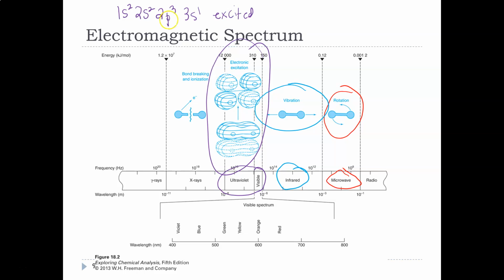But the fact that this should be 1s2, 2s2, 2p4, that would be the ground state electron configuration. The excited state electron configuration is an electron has been promoted to a higher orbital, to a higher energy level. That's electronic excitation. Electronic means electrons. The electron has been excited to a higher orbital, to a higher energy level.